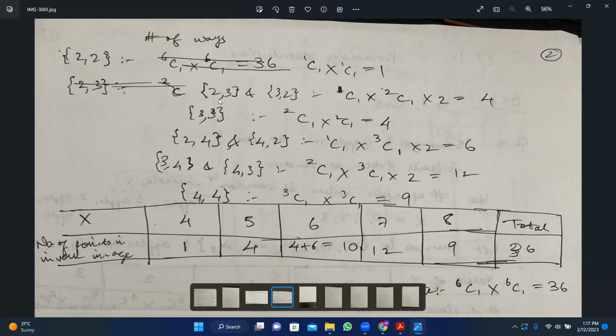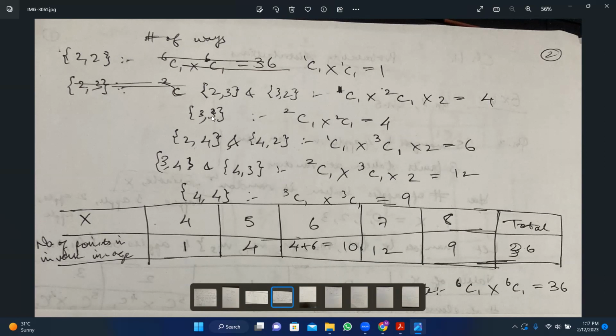Now to get 2 comma 3 and 3 comma 2, we know that only one face has 2, so it's 1C1, and the 3 occurs 2 times. There are 2 faces with 3 on it, so it is 2C1. And because there are 2 possibilities, we are multiplying by 2, so we get the answer as 4.